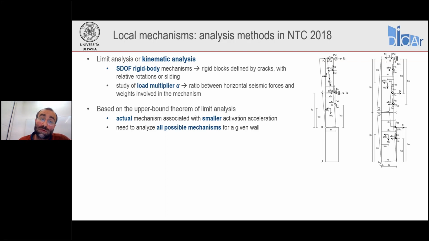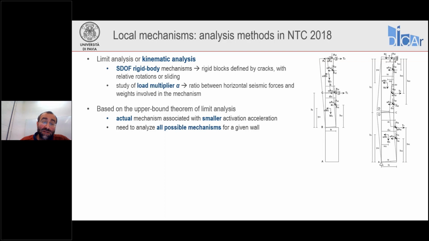It's a simplification, but it's quite powerful. Then what we do is to study the so-called load multiplier alpha, that represents the ratio between the horizontal seismic forces and the weights of the blocks, and the weights also applied by the floors and other structural members involved in the mechanism.